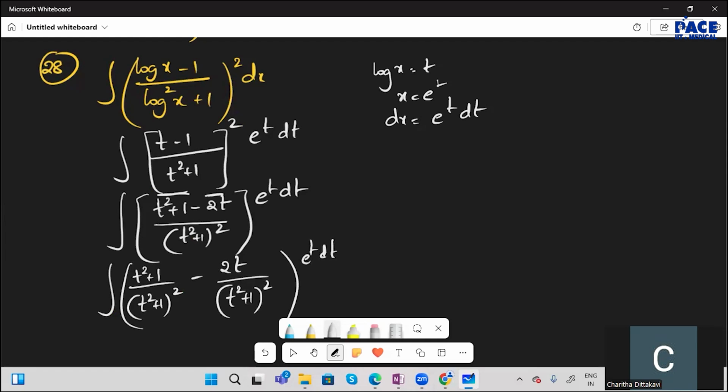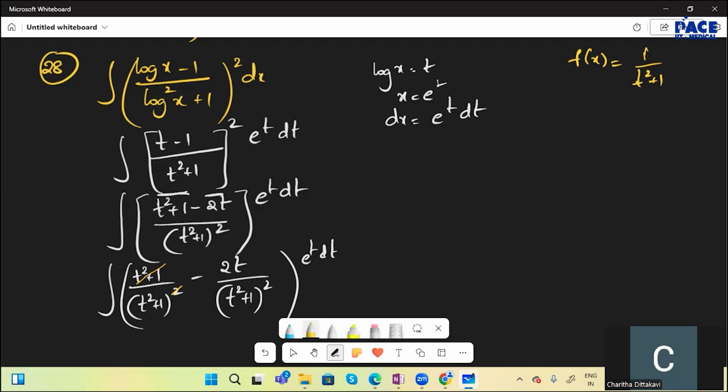All right. So anyhow, one t square plus 1 will get cancelled there. So we just have to check, I don't know whether it is right or wrong, but let us check. If my f of x is 1 by t square plus 1, what could be f dash of x?